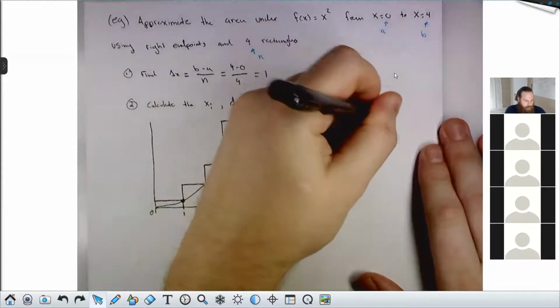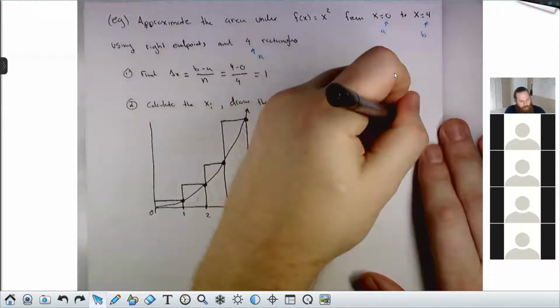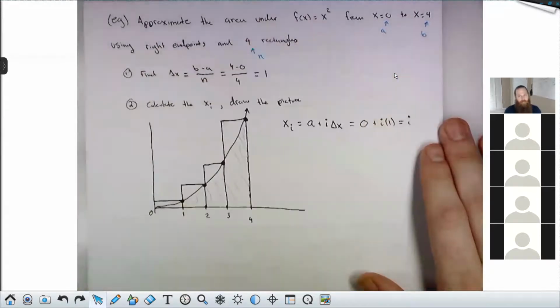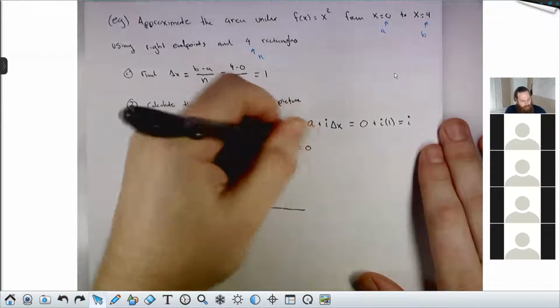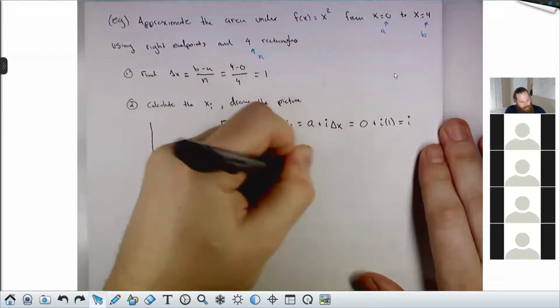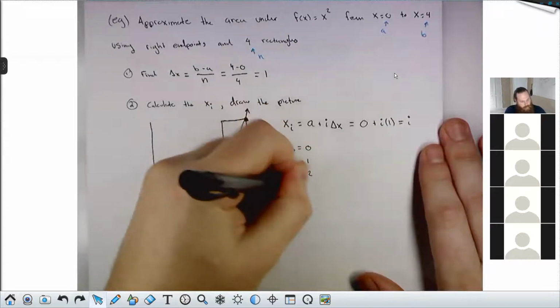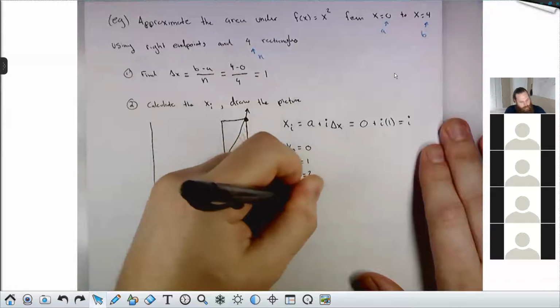So this is 0 plus i times 1, which is just i. So x0 is 0, x1 is 1, x2 is 2, x3 is 3, and x4 is 4.